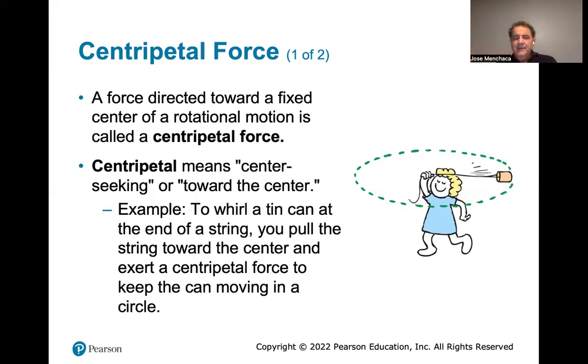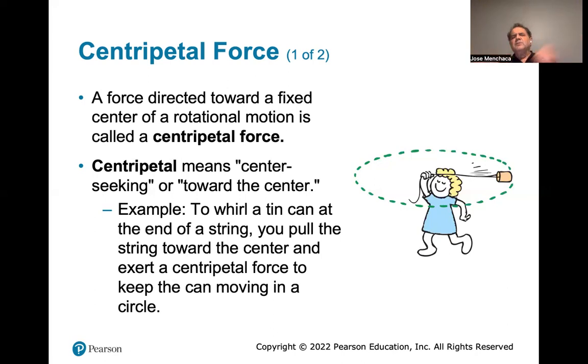on this can. So whenever there's any kind of centripetal force, a center-seeking force, there's going to be something pulling the object towards the center. The sun is pulling the Earth towards the center of its rotation. It's not really a circle; it's an ellipse, but that's okay.